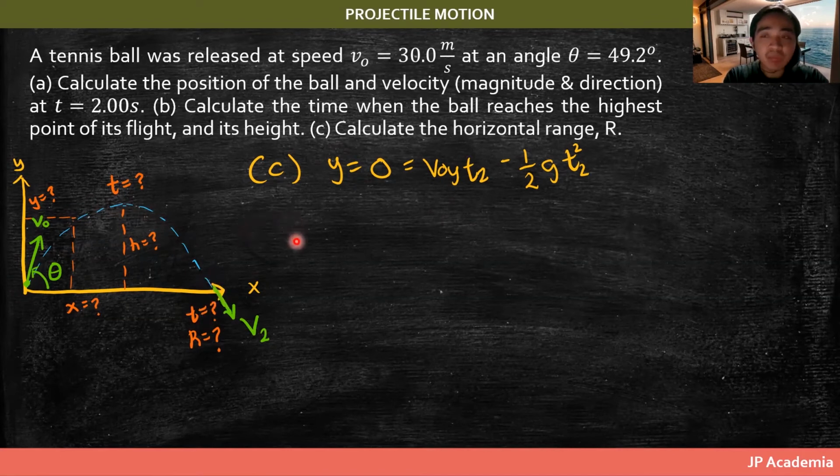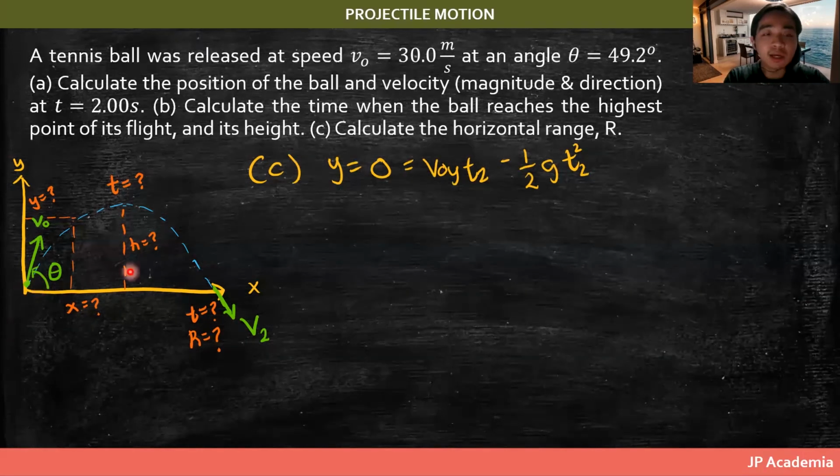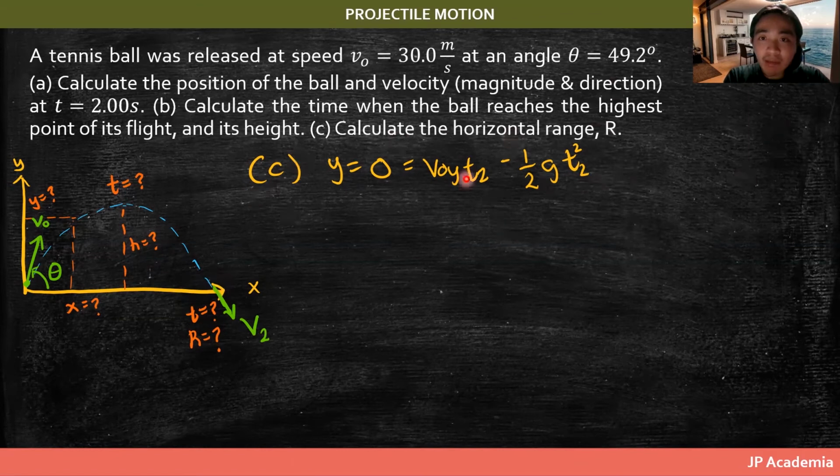Ibig sabihin, may dalawang points in time na pupunta siya sa y is equal to 0. Yung una, dito, yung nasa origin siya, yung bago siya mag-start mag-projectile. Yung pangalawa, pag bumalik na siya doon sa ground level na y is equal to 0. So therefore, we have this quadratic equation and makakuha tayo ng dalawang roots dito. Okay?